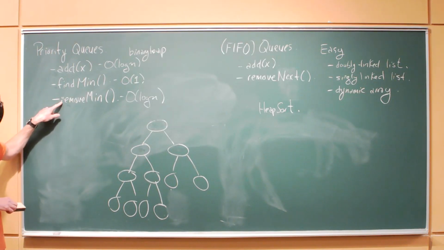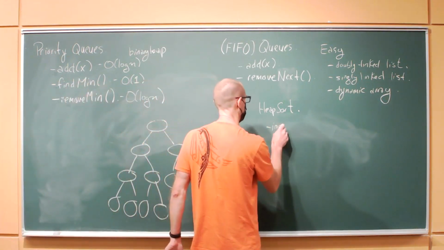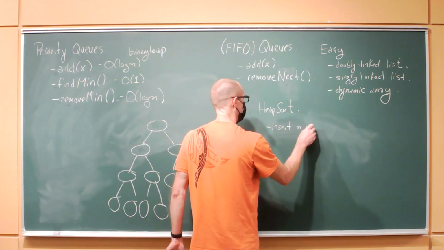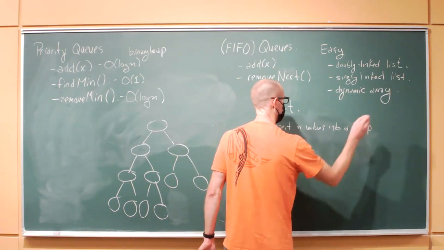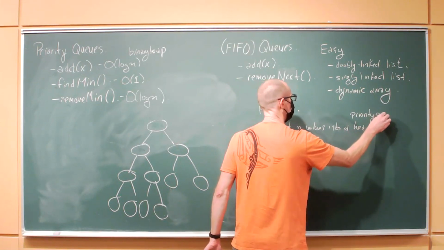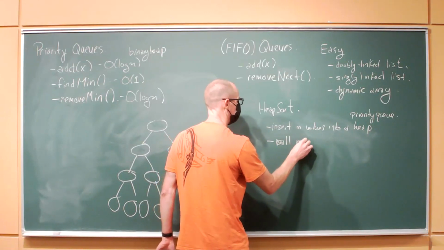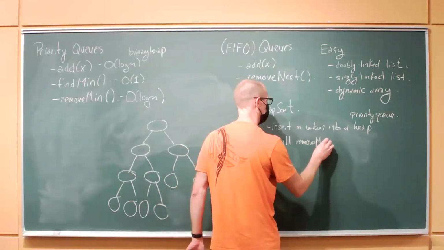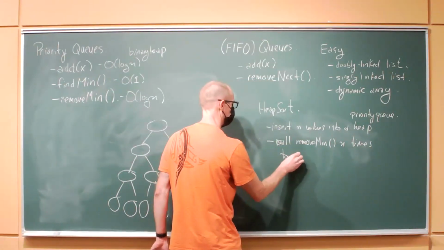Heapsort is just a slightly optimized implementation of that idea of just inserting n values into a heap, or priority queue if you don't want to be specific about what kind of priority queue, and then calling remove min n times to get the values in sorted order.